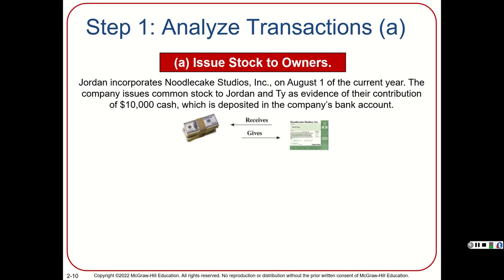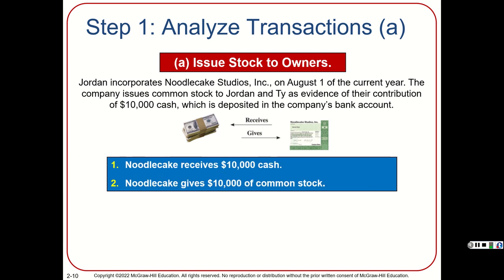So in this first transaction, on August 1st, the company issues some common stock to Jordan and Ty as evidence of their contribution of $1,000 cash, and the $1,000 is represented by the cash and the stock to the stockholders. So as you can see here, the company is receiving cash and gives a stock certificate.